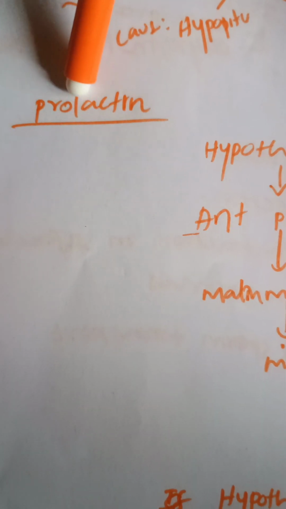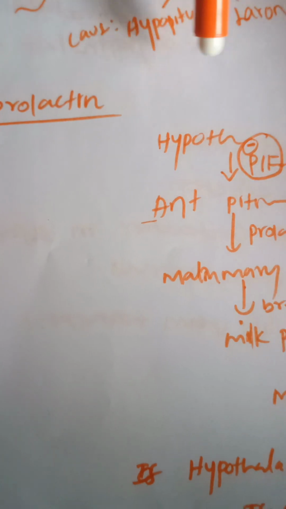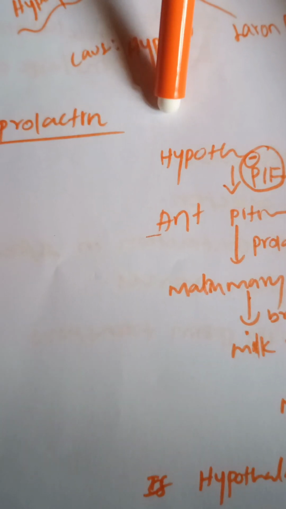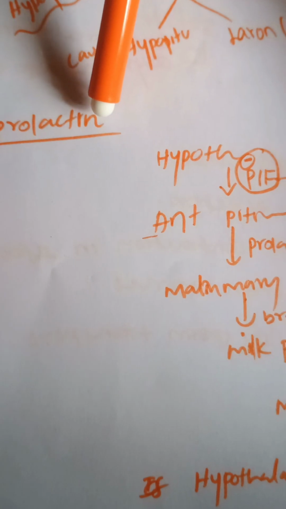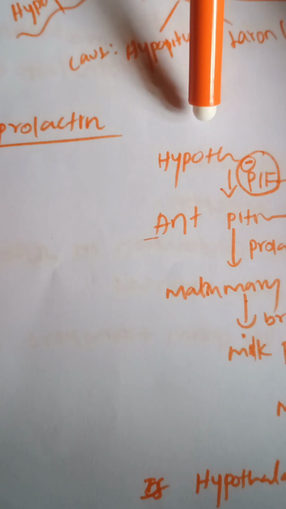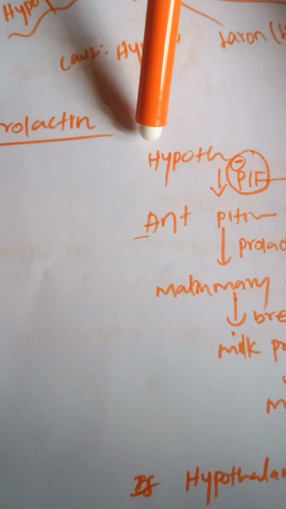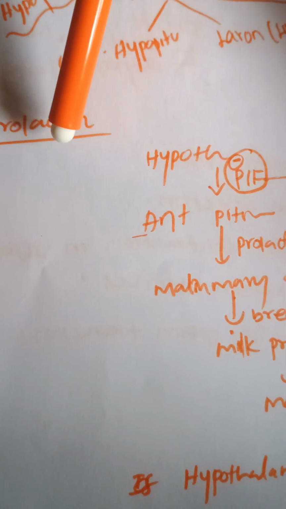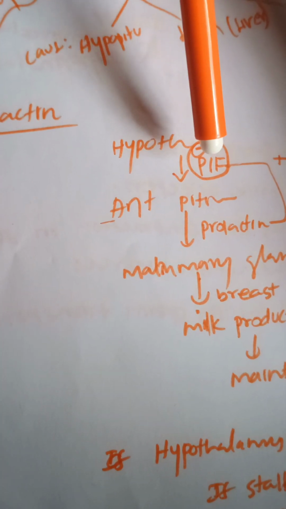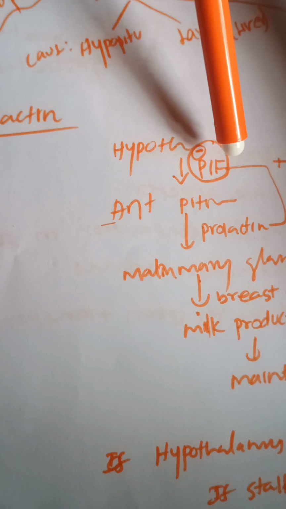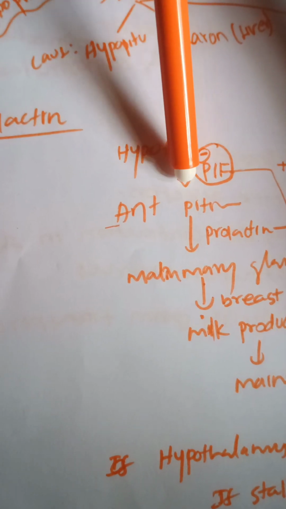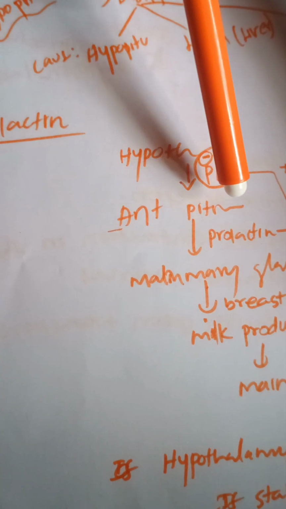Then we discuss the prolactin hormone. It is also similar to growth hormone. It is secreted in the anterior pituitary. Then we see the pathway of prolactin. The hypothalamus secretes the prolactin inhibitory factor, which is dopamine. The anterior pituitary has a D2 receptor.